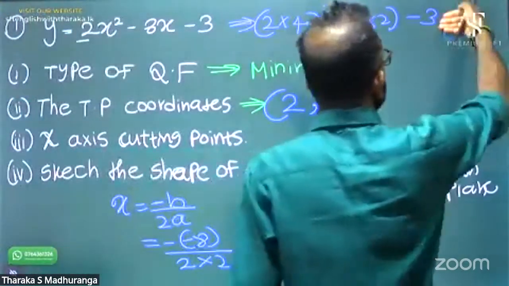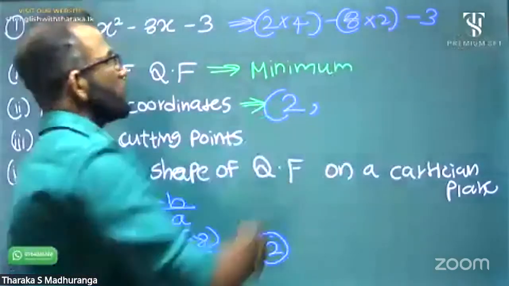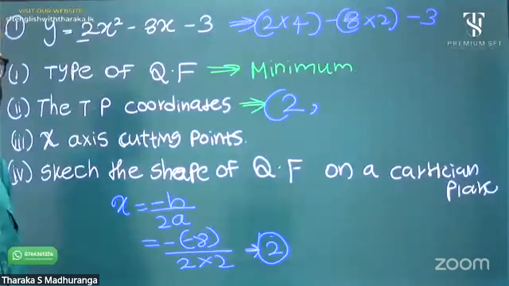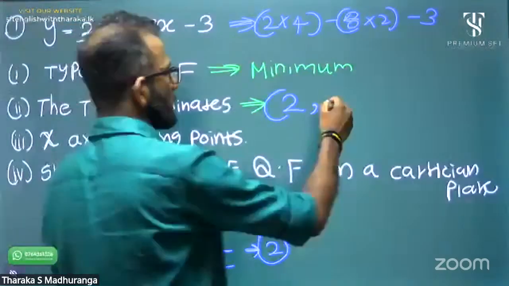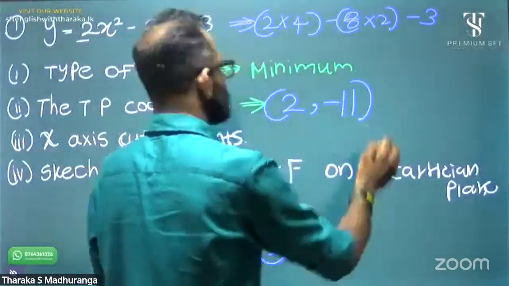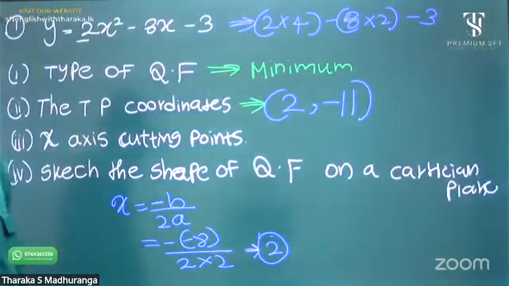Okay, what's the value? 8 minus 16 is minus 8, minus 8 minus 3, minus 11.